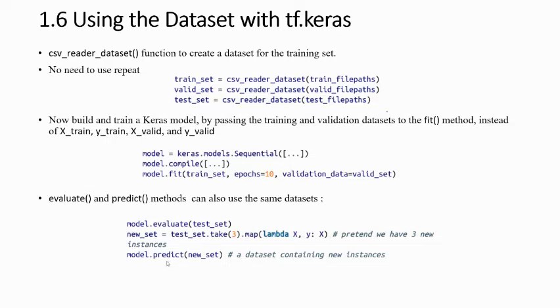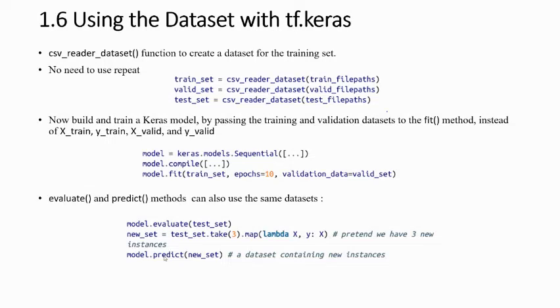So this is how, using the data API, we can create the data, transform the data, create a separate definition for pre-processing, and then build the model and test the model.